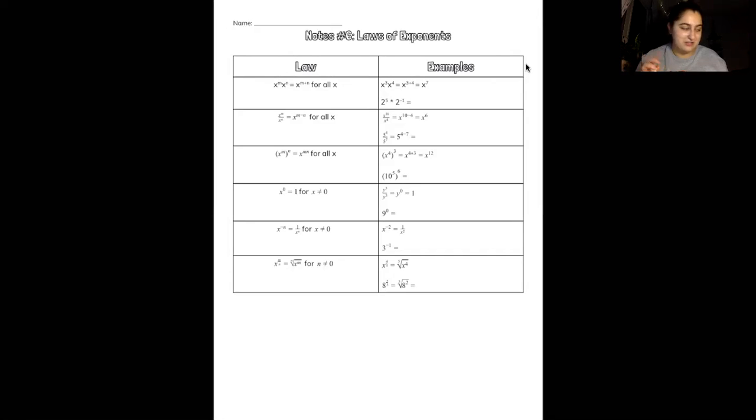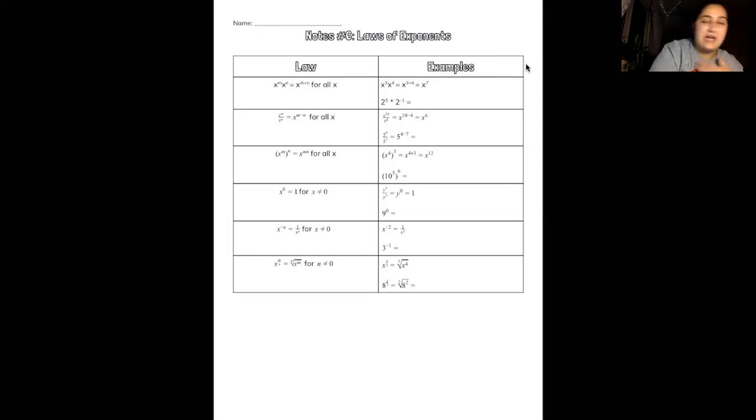to higher order functions. So the first thing I want to go over is when we have two of the same base with different exponents being multiplied together, right? So two expressions with the same base, different exponents being multiplied together. And I just want to review what happens.